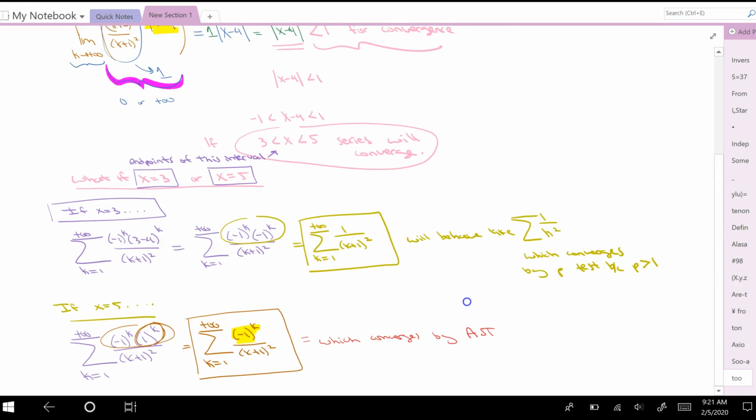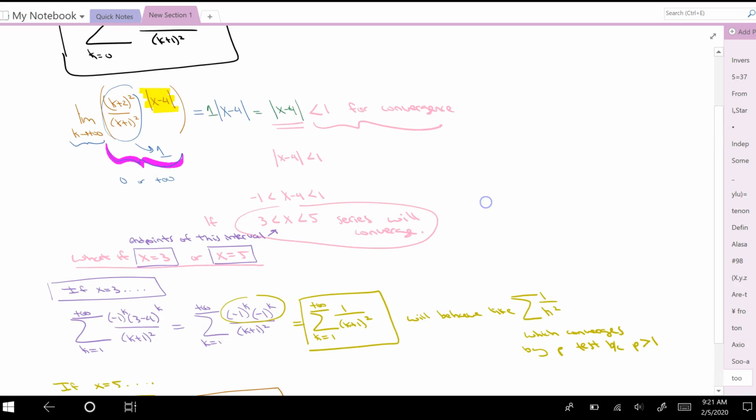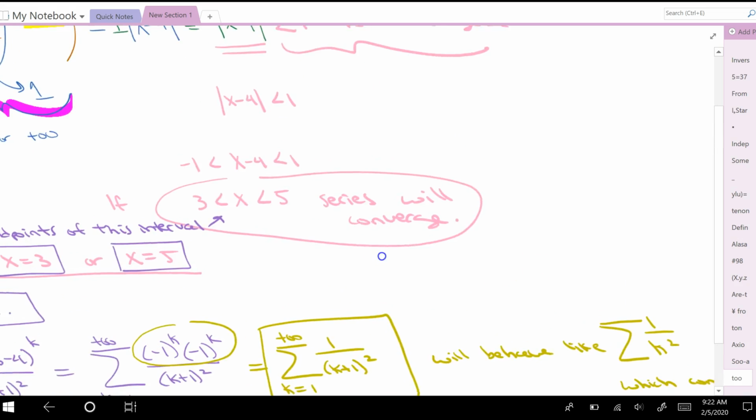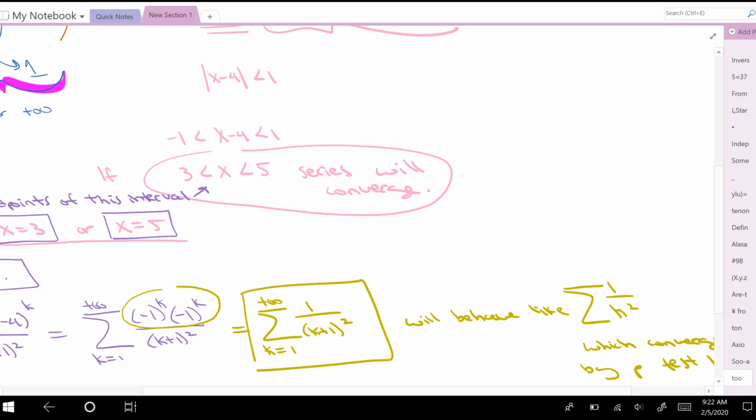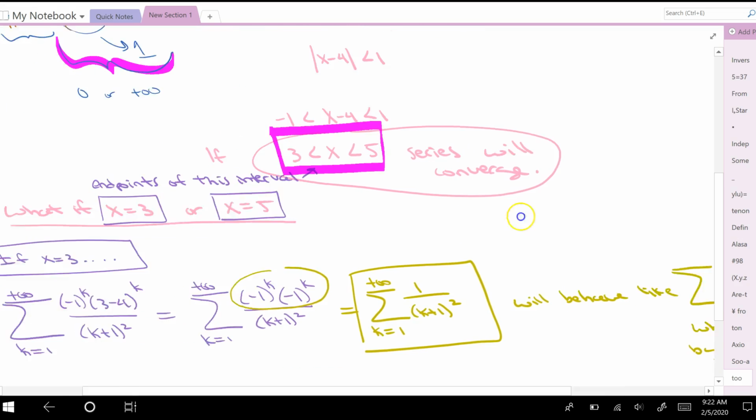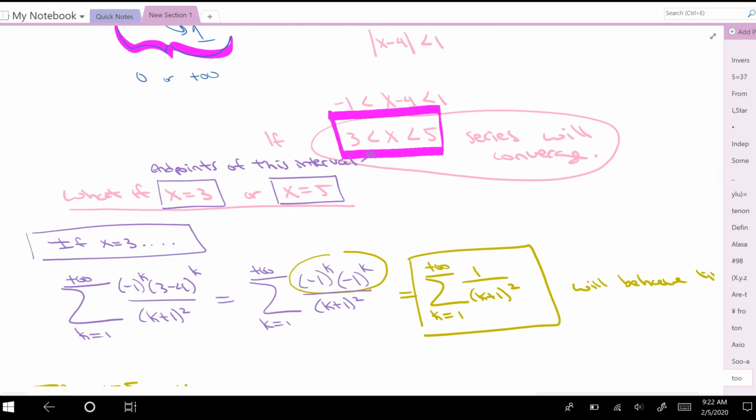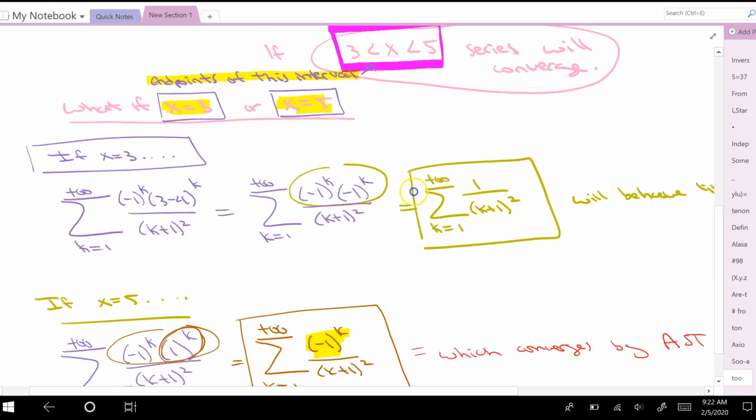So let's just back up and zoom out here. What we said initially, when we applied the ratio test for absolute convergence, we got ourselves here. We said, well, for values of x between 3 and 5, the series will converge. But when we tested the endpoints of the interval, we found there are more values for which this series converges than the values between 3 and 5, non-inclusive.